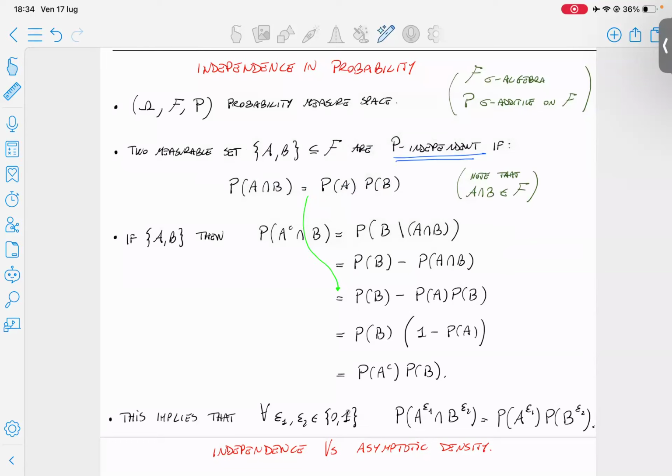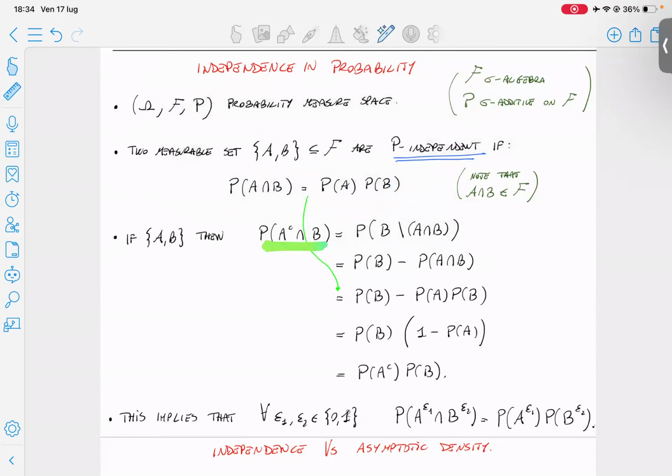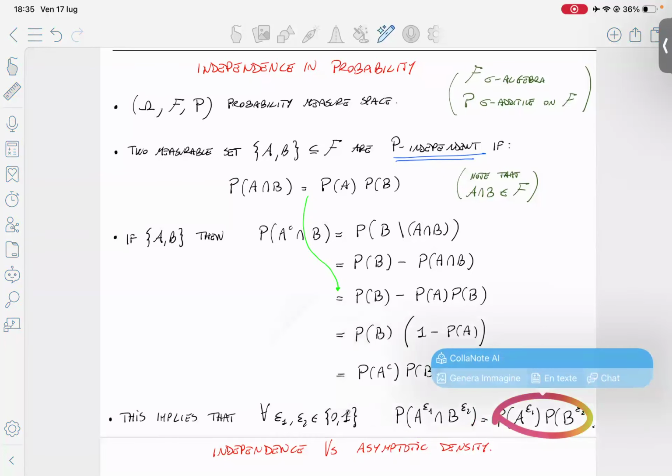Well, that's trivial. Now, you can check directly with this definition that if the family A, B is independent, not only do you have this property, but, as the first exercise in probability, the probability of A complement intersection B, if you want A to the 0 intersection B to the 1, is equal to the probability of A complement times the probability of B. So, just changing the exponent and repeating this really elementary reasoning, whatever the exponents epsilon 1 and epsilon 2 are, the probability of the intersection is equal to the product of the probabilities.